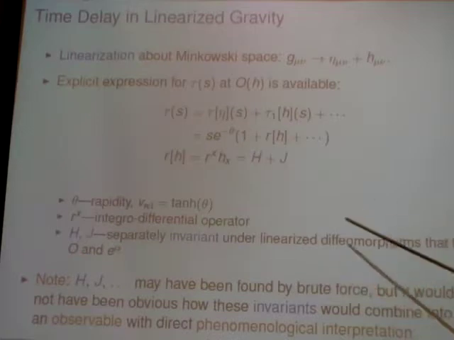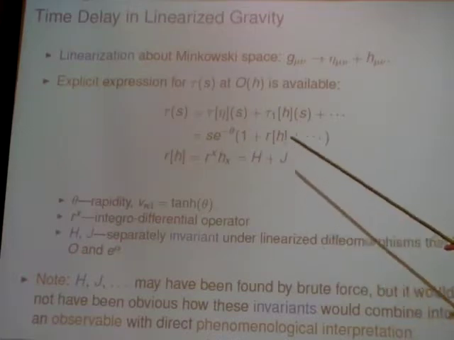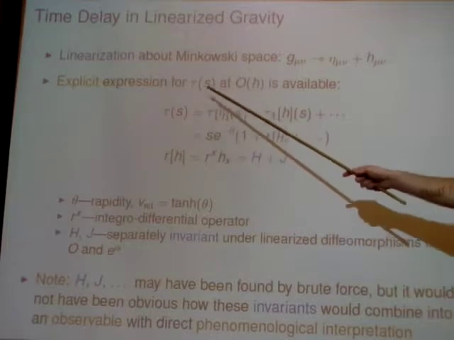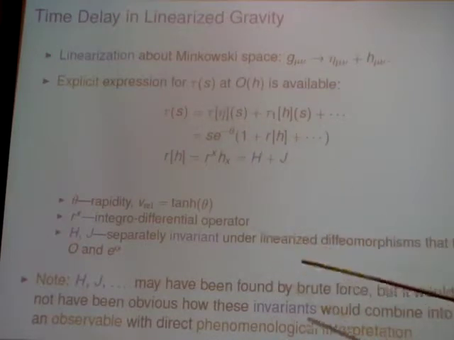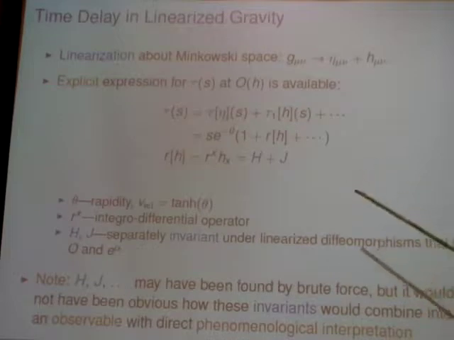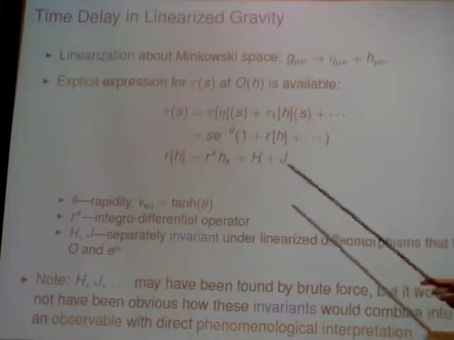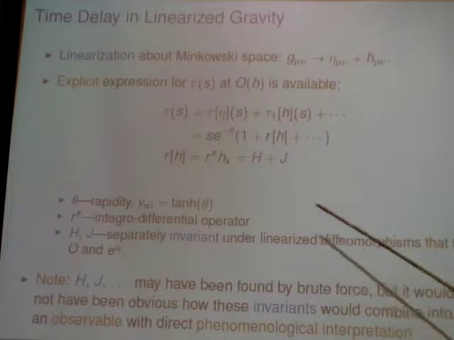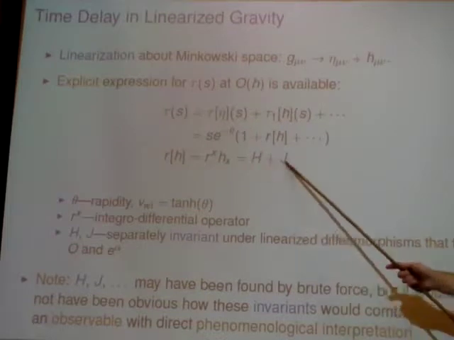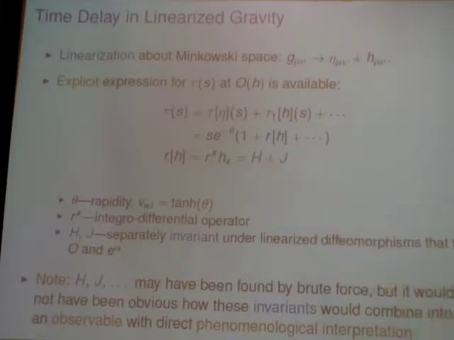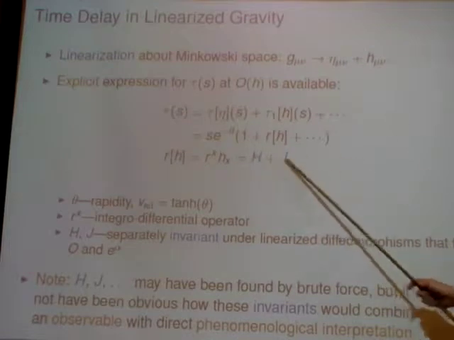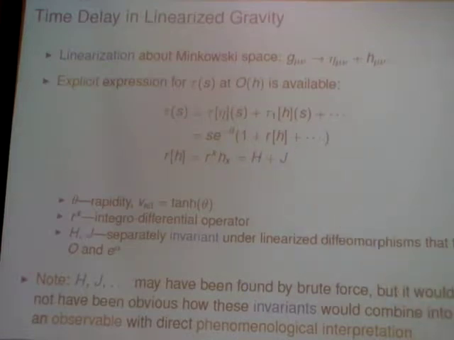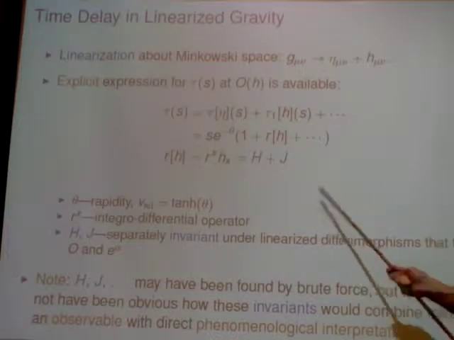Here this problem doesn't appear because I already start with a physical interpretation, which is associated with this emission time. And then all the rest of the steps are really purely technical. And it just happens that I find that the result is written in terms of this combination. But if I only had these individual pieces as output of some program to generate all diff-invariant expressions, I wouldn't really know how to assign an interpretation to them.